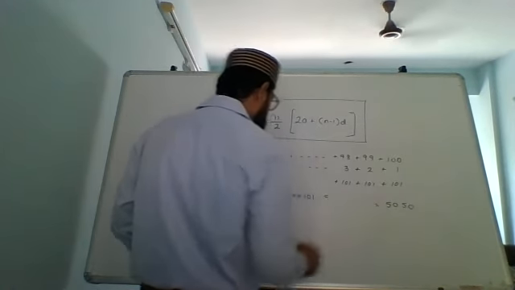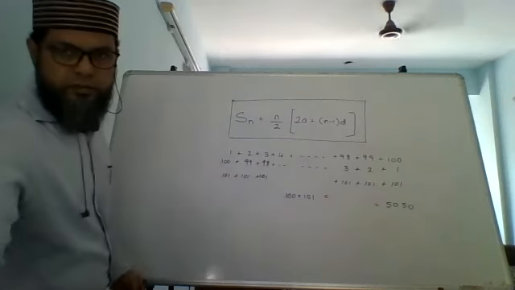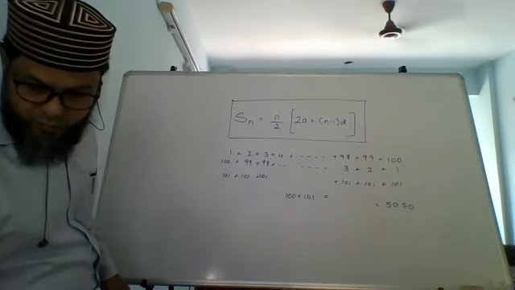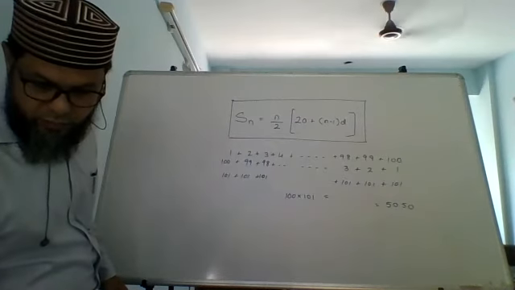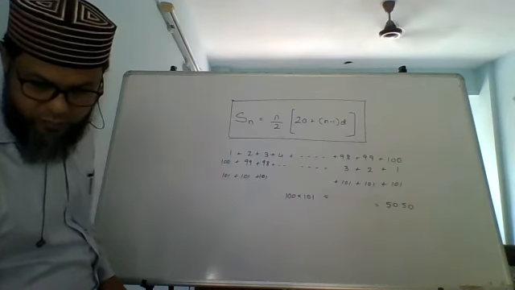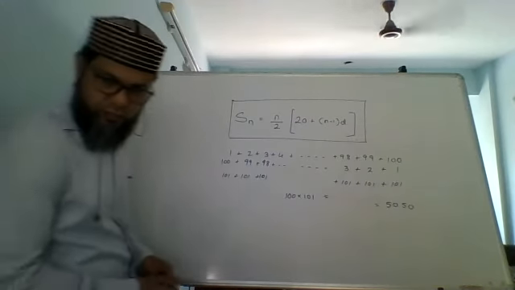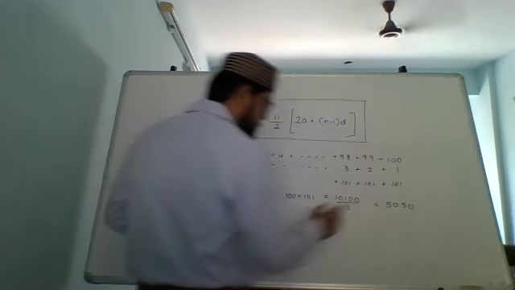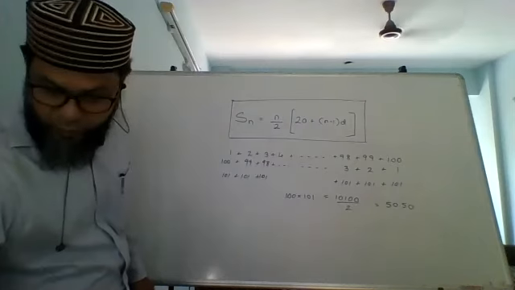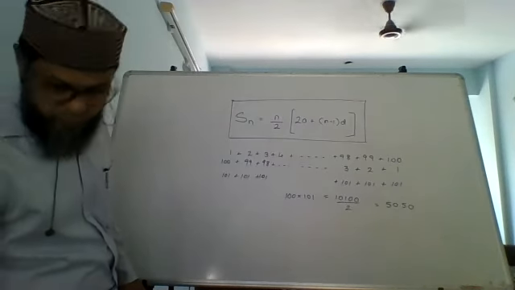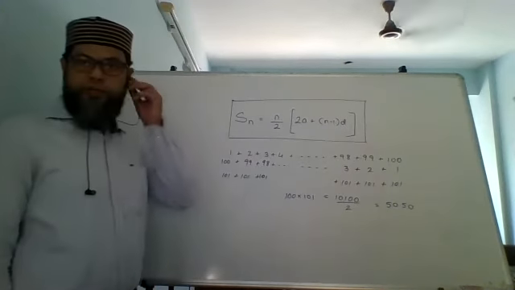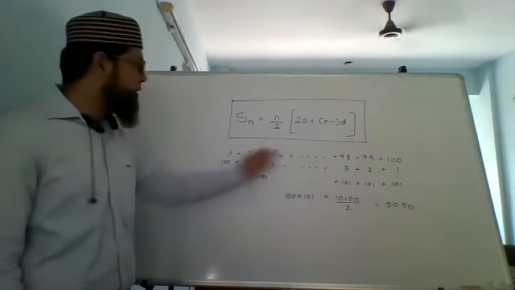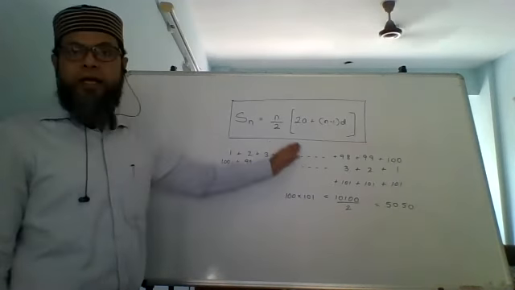How much is 100 into 101? And then he divided it by 2. So we got 50, 50. Okay. So this is how he did it, and he did it so fast rather than adding all of this.